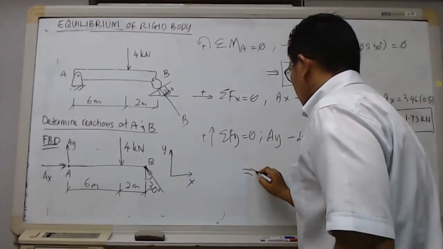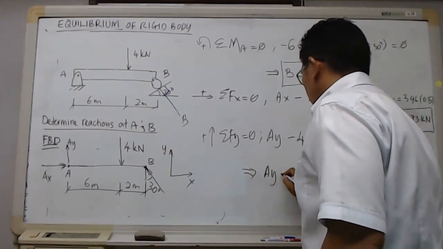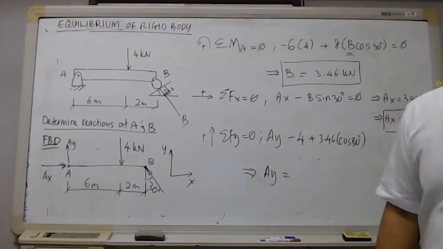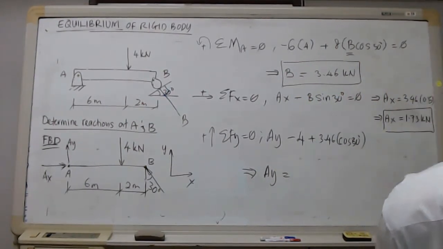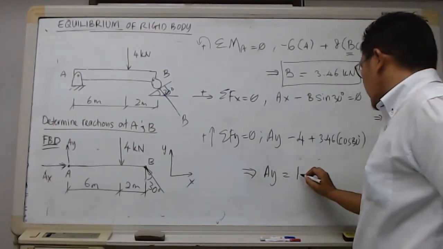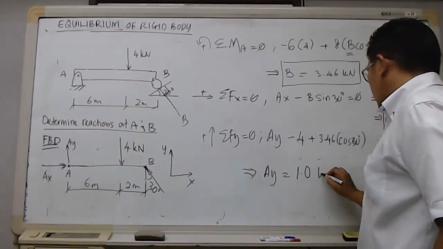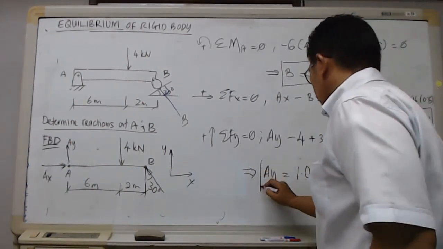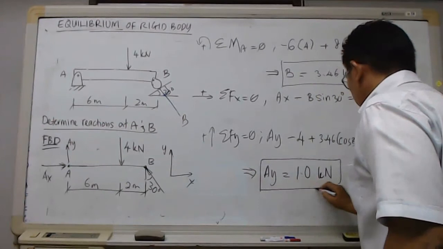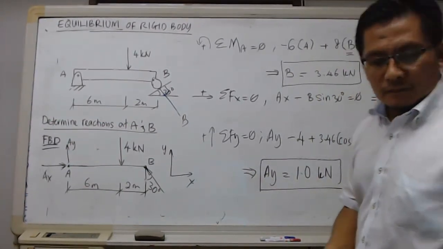Then we get the AY is equal to 1.0 kilonewton. That's it.